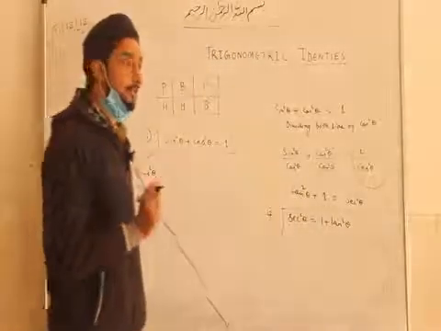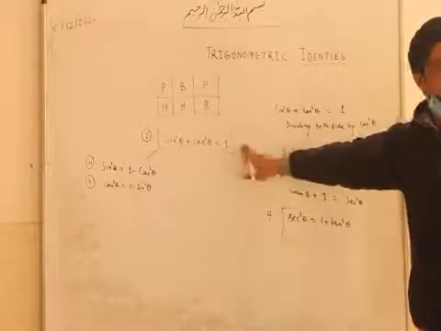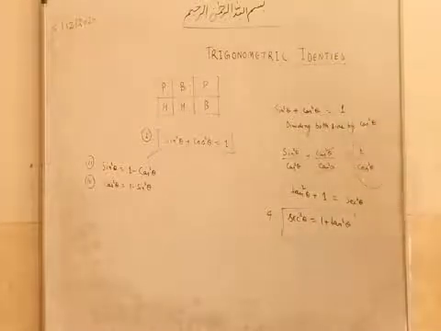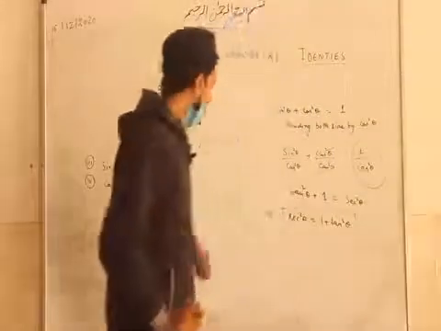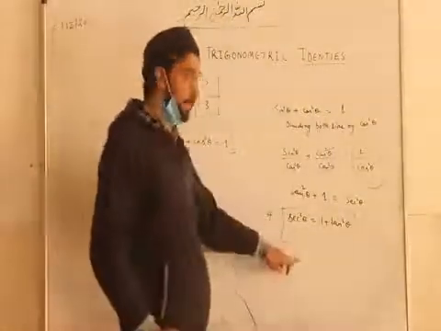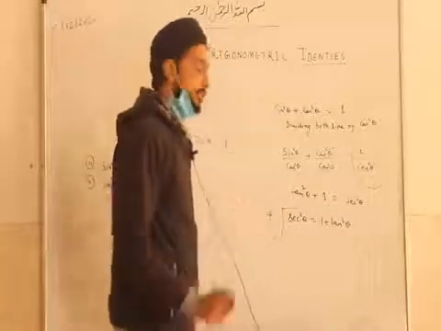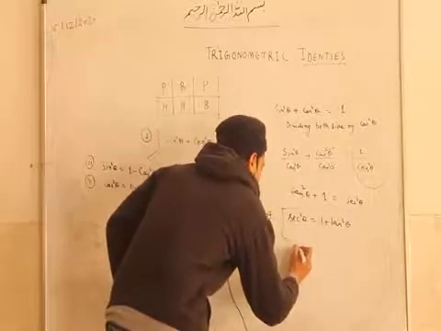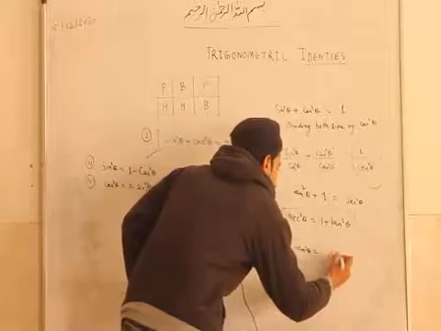So there is a relation between tan and sec, which we have derived with the help of the primary identity. Now we can adjust this also: somewhere we have to write 1 plus tan square in place of sec square, or we can also write tan square theta is equal to sec square theta minus 1.